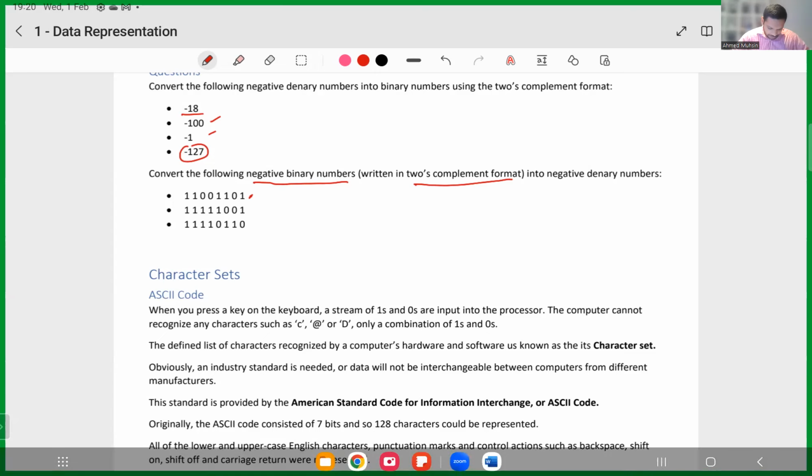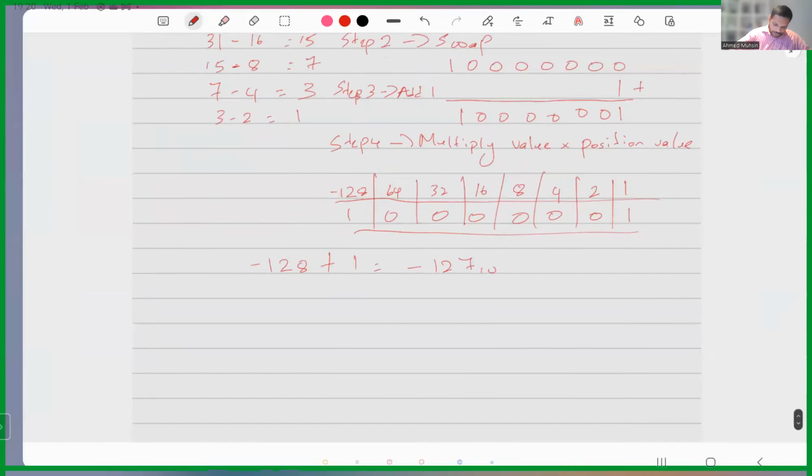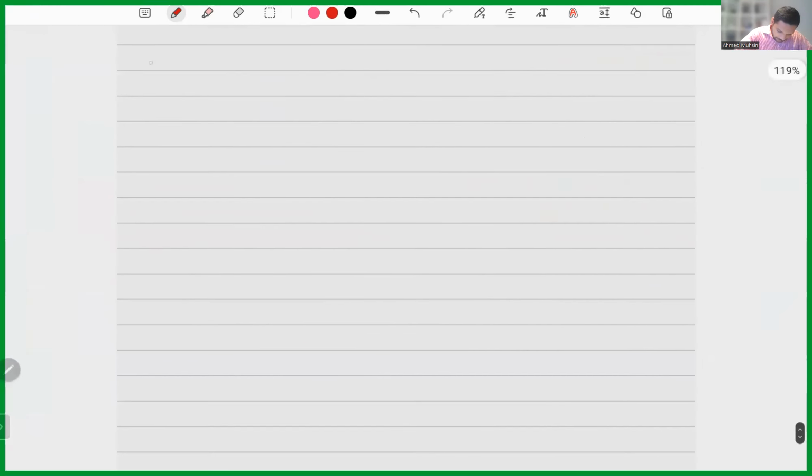Okay, let's get it down then. So we have 1 1 0 0 1 1 0 1, positions 1 2 3 4 5 6 7 8. So this we have to convert to decimal, using 2's complement.